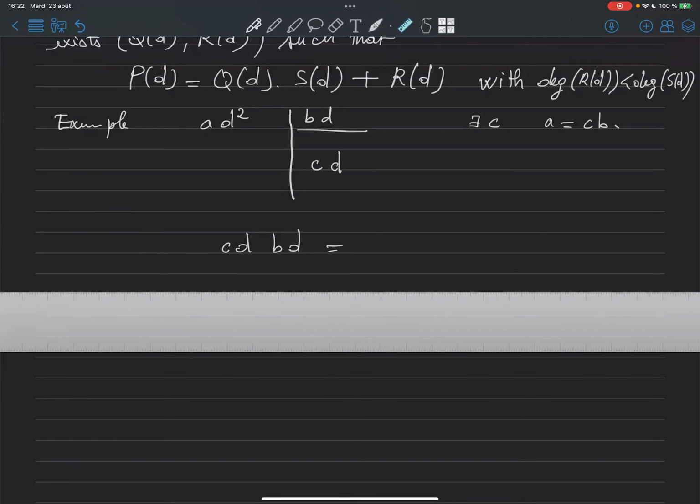Then it's something like C D multiplying by B plus, and here we obtain something of degree 1 plus B D squared.